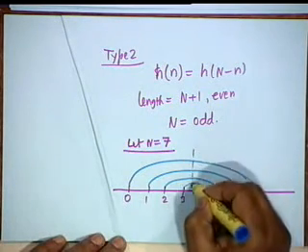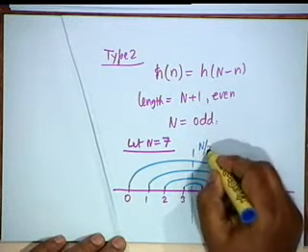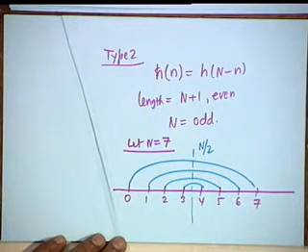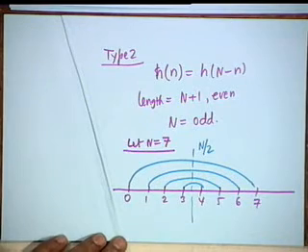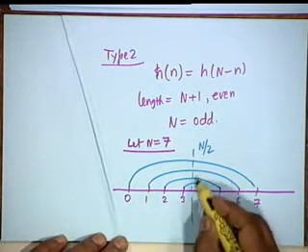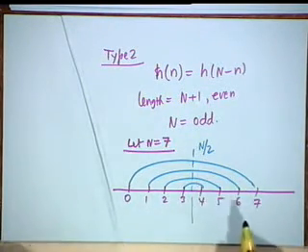So the symmetry is around N by 2, where a sample doesn't exist. Agreed? It's around 3.5 here, where a sample doesn't exist, and this gives it some special properties.